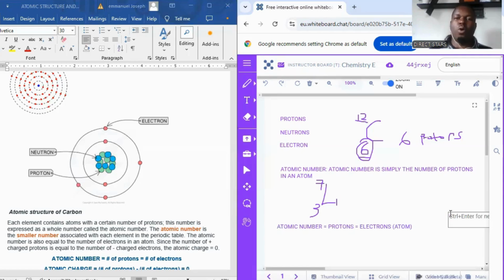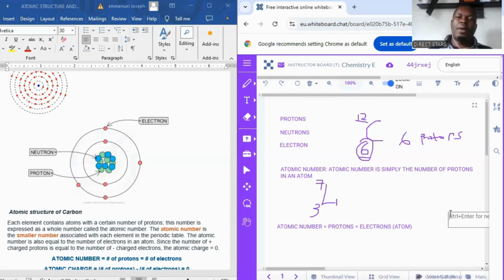When you have more of the positive than the negative, then it's no longer neutral. That means that particle is positively charged. If you have more of the negative than the positive, that means the particle is negatively charged. But when you have equal amounts of positive and negative particles, then you can say you have a neutral particle. Okay, so atoms are neutral.